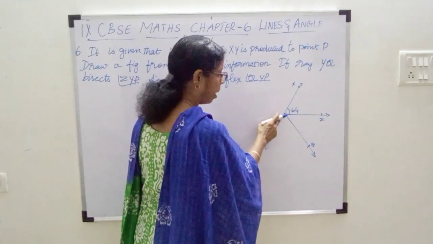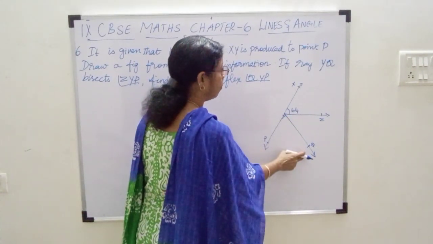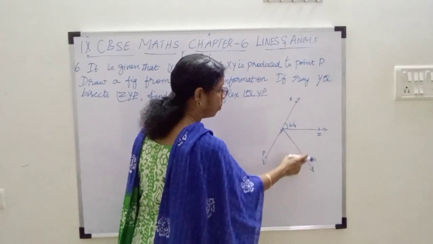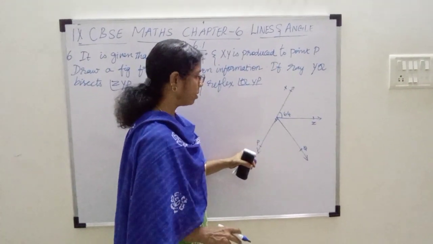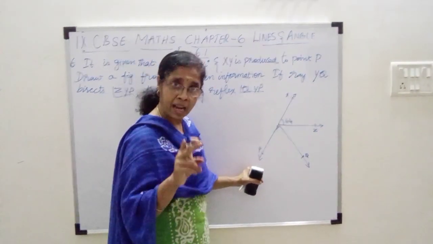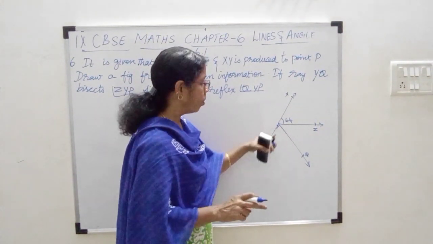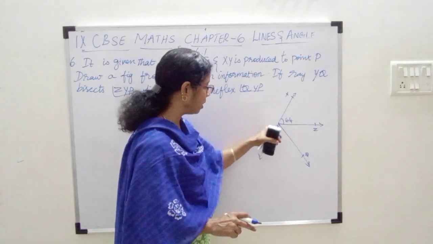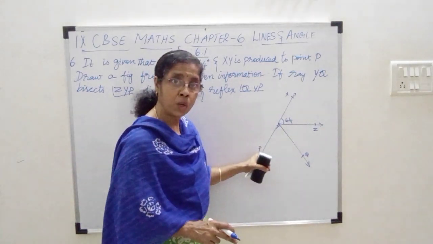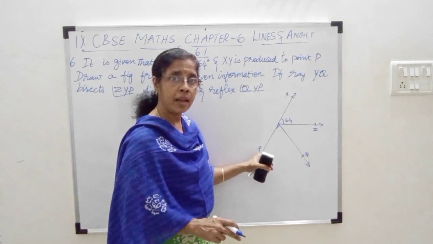Remember, now you have drawn a ray YQ. This YQ bisects the angle ZYP. Now, being a straight line XP, the angle in that is 180 degree. One of the angles is 64. The remaining angle ZYP will be equal to what?